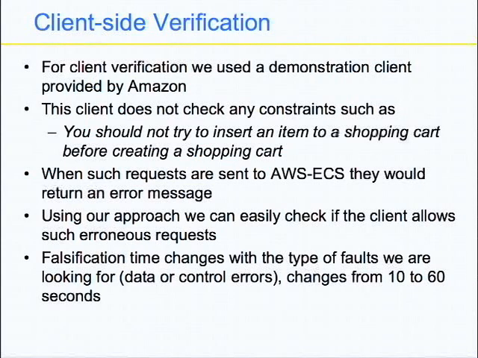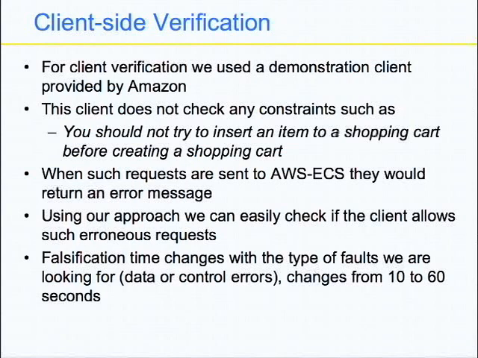So we again wrote an interface grammar, part of it automatically generated from the WSDL specification, and from this interface grammar we generated a stub for client-side verification. Amazon has a demonstration client showing how you would write a client for their web service.